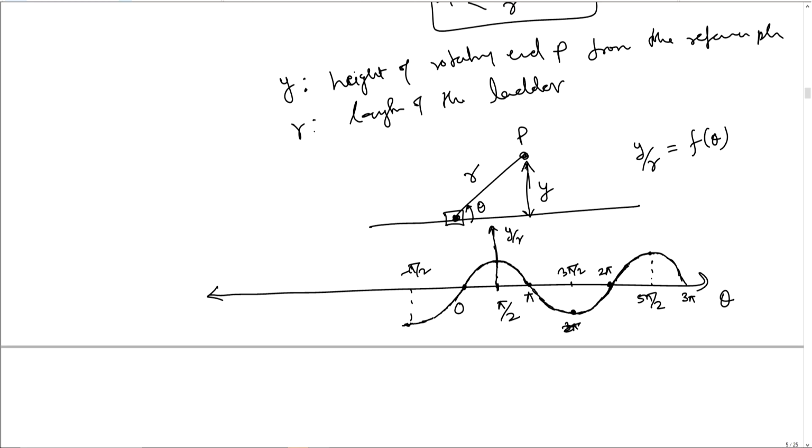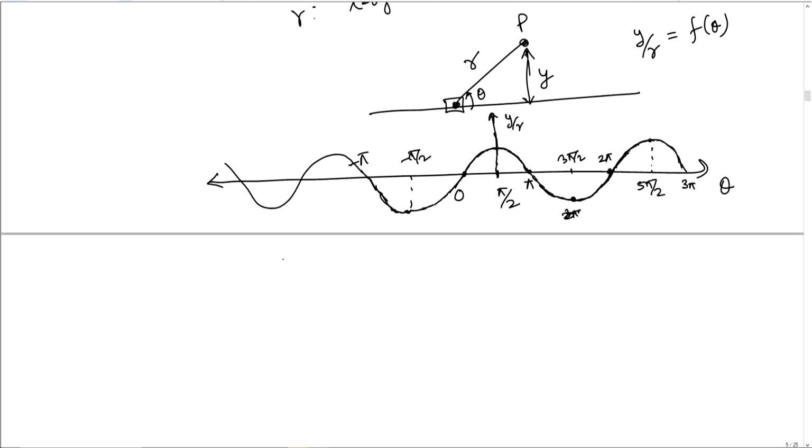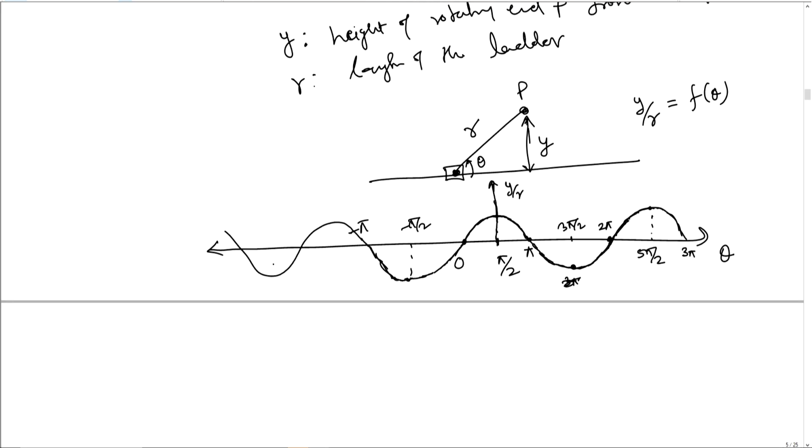At minus pi by 2 it becomes minus 1, and at minus pi it becomes 0 again. So, a similar thing happens in this direction. This is the behavior of the function f of theta, the function for y by r.